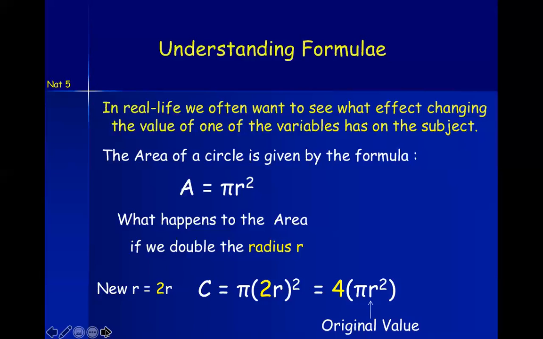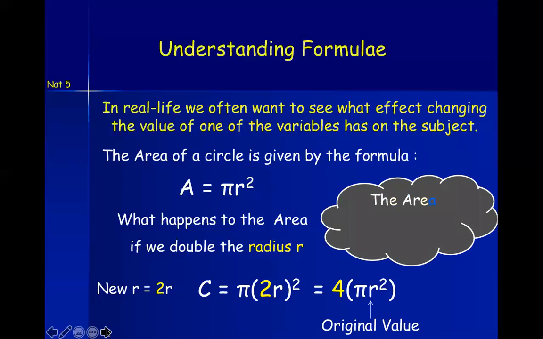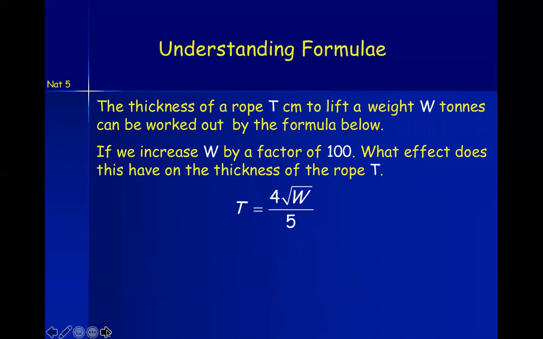Okay? It's to do with that square. And when it comes to a volume, because it's a cube, if you just double one of the lengths of your cube, you do 2 times 2 times 2, your volume goes up by 8. Okay, so we can look at that.